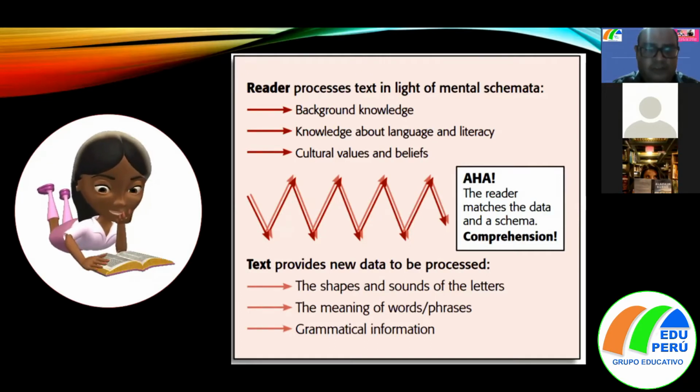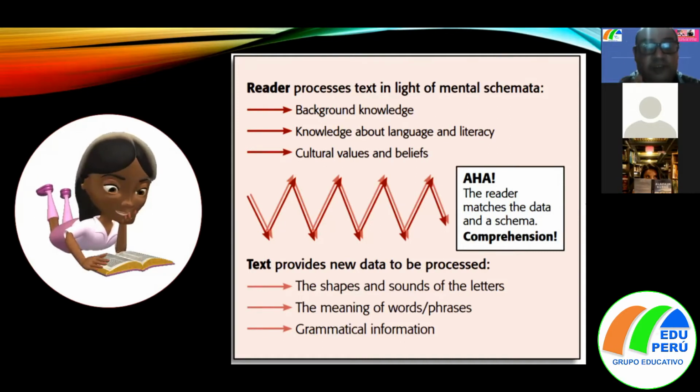So what is comprehension? When the reader matches the data and a schema. So the reader, in simple terms, is going to match the information given in the text, because he's going to decodify it by understanding the shapes and sounds of letters, meaning of words or phrases, and some grammatical information.